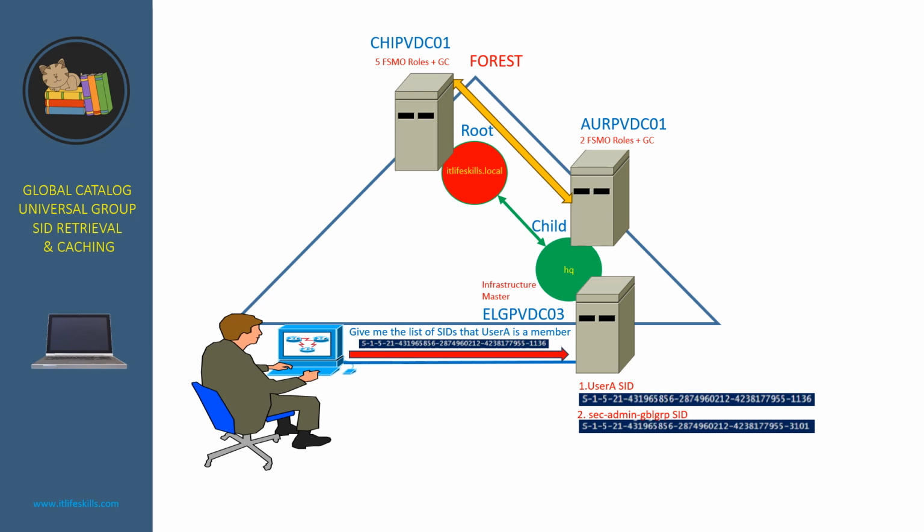LHPVDC03 can also retrieve a list of domain local group sysids that user A is a member of. However, because user A is not a member of any domain local groups, LHPVDC03 does not find any.